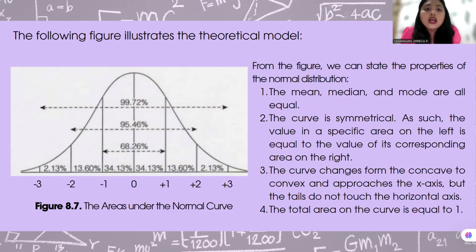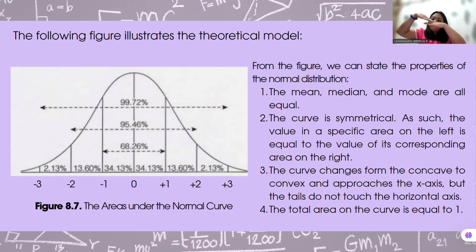The third property is that the curve changes from concave to convex and approaches the x-axis, but the tails do not touch the horizontal axis. So the curve never actually touches the horizontal line of the x-axis, but it gets closer and closer. For example, this is the horizontal line, and this is the curve.